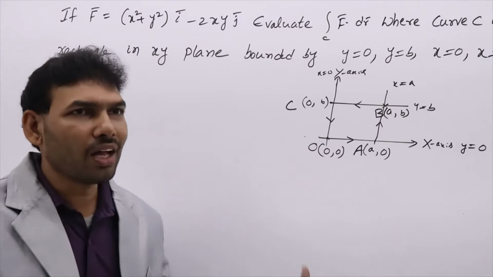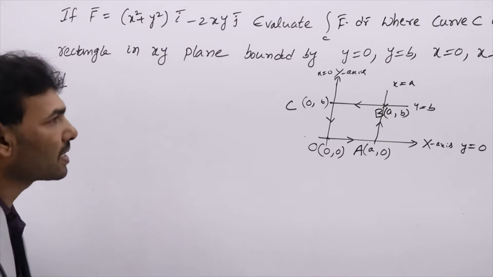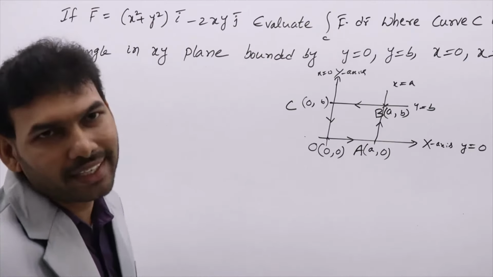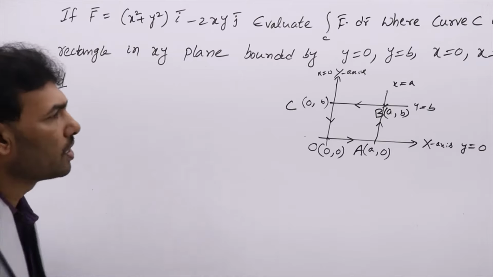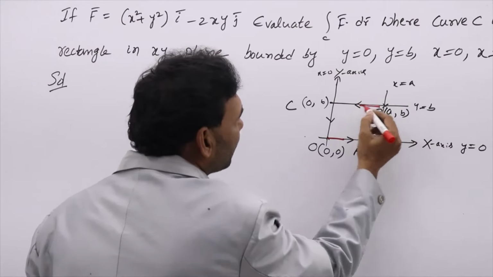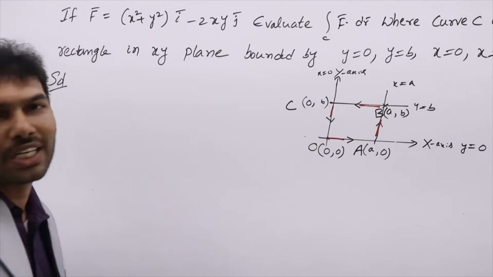If you add all these integrals, we will get the complete integral over C of f bar dot dr bar. So these are the directions along each of these lines.